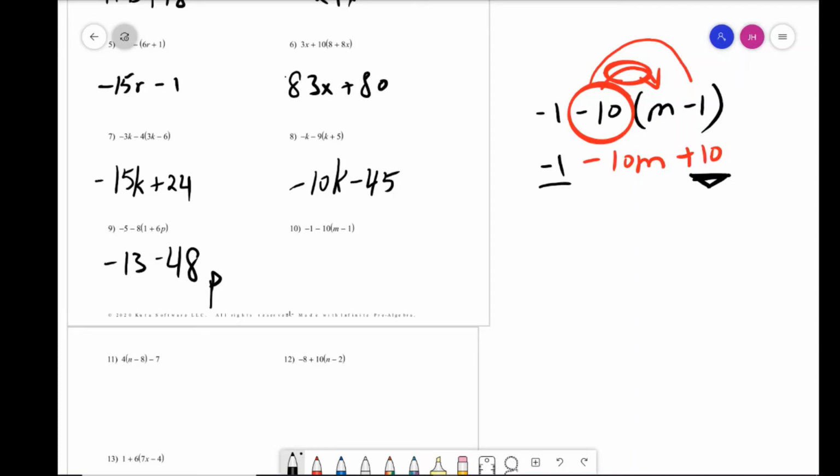This will become negative 10m. Negative 1 plus 10 is a plus 9. Or if you want, you can put 9 minus 10m, whichever way suits you better.